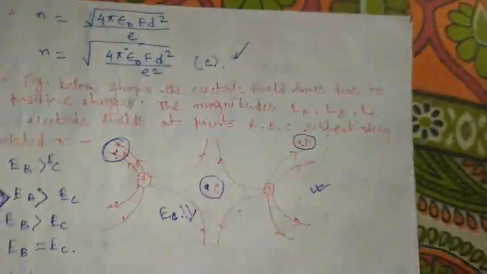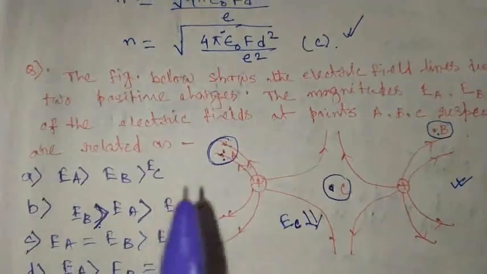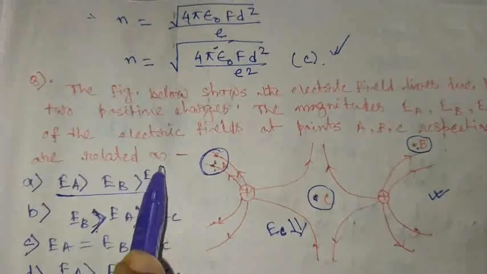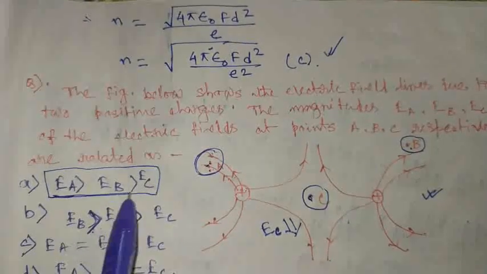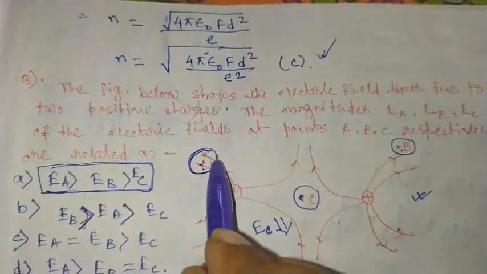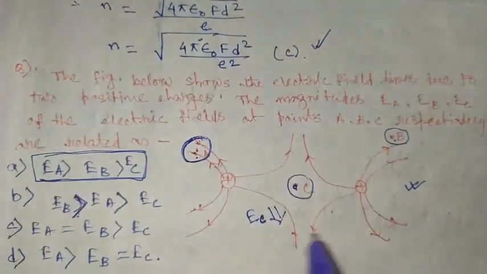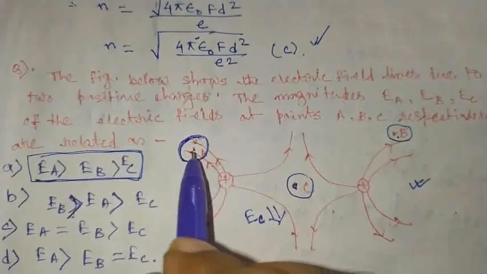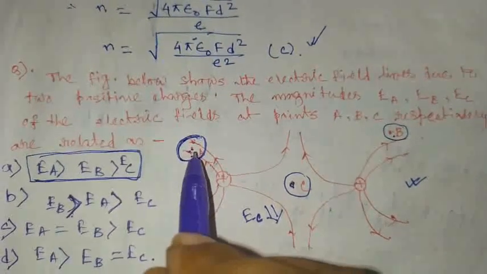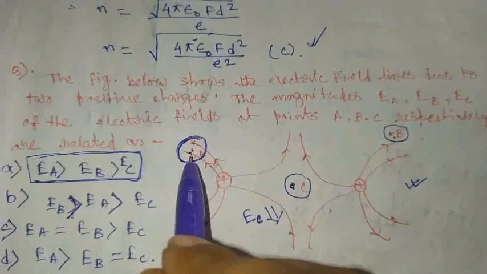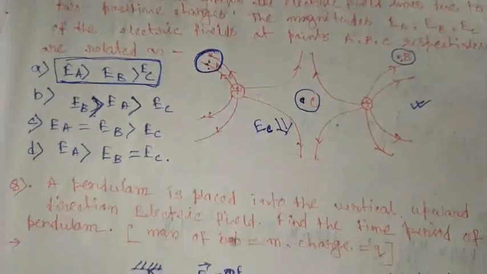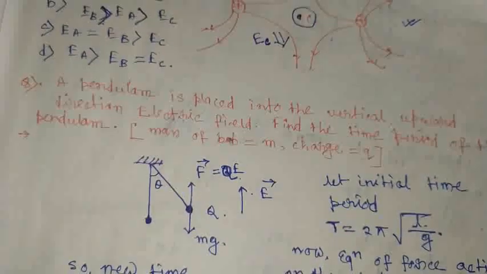So we can say our correct answer is EA greater than EB greater than EC, because here the density of flux lines is largest, that means the field strength is also largest. Okay, so now moving towards the next question.